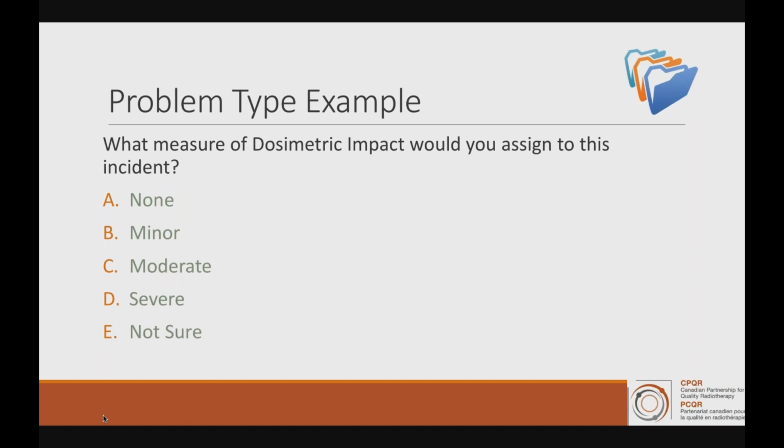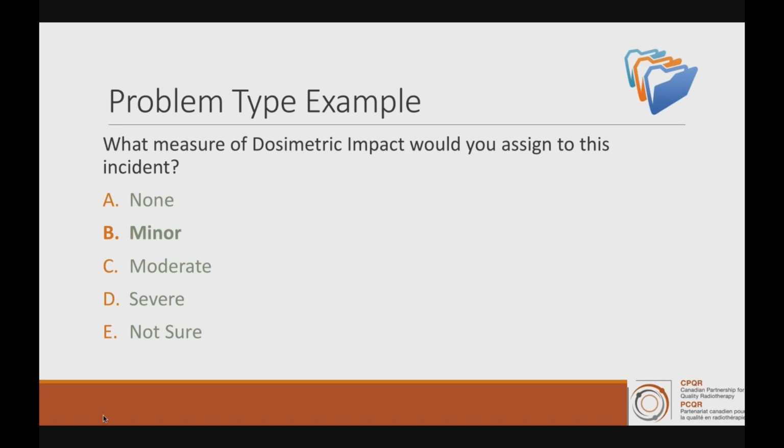So what is the measure of dosimetric impact that you'd assign to this? None, minor, moderate, severe, not sure. So I have minor here. To be honest, not sure is very acceptable.